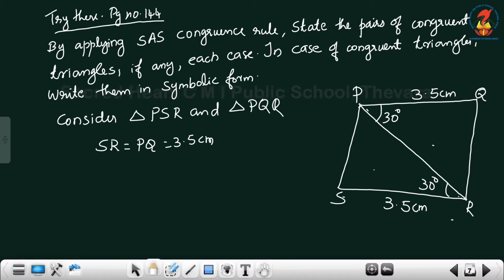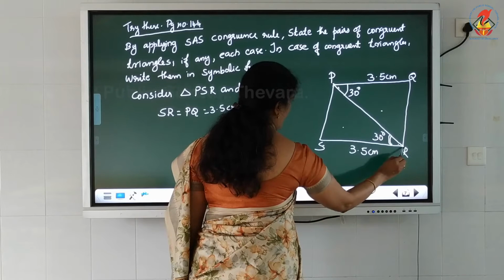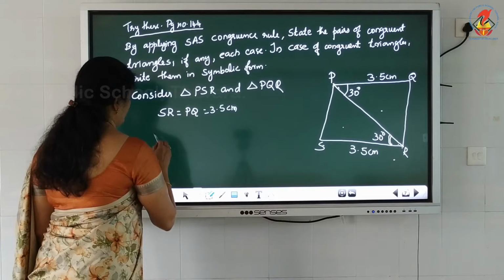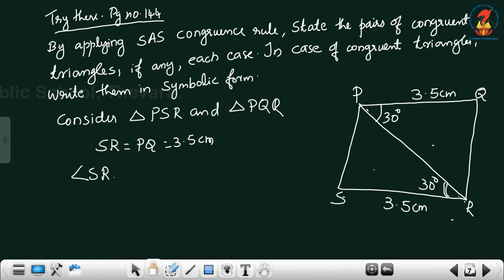Next, this angle, that means what? Angle SRP. Angle SRP equal to angle QPR. Angle QPR equal to 30 degree.